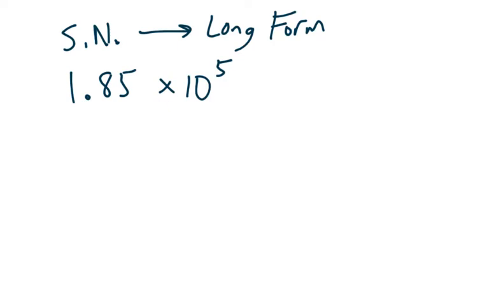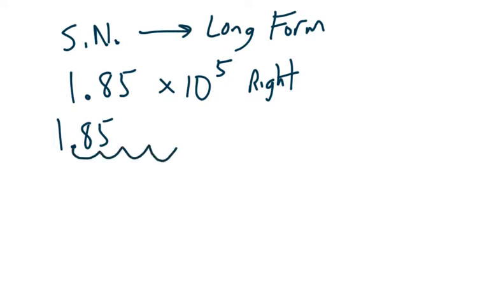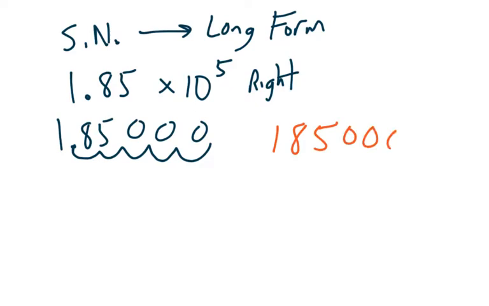What you're going to do here is, and I'll write the rule at the end, when the exponent is positive, you're going to move the decimal point to the right. Okay? So we're going to move the decimal point to the right 5 spots. 1, 2, 3, 4, 5. And you're going to fill these in with zeros. So our new answer is going to be 185, and here are the zeros you filled in. You could put a comma there if you want.